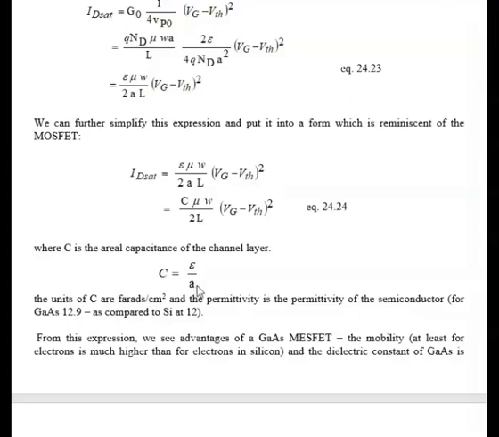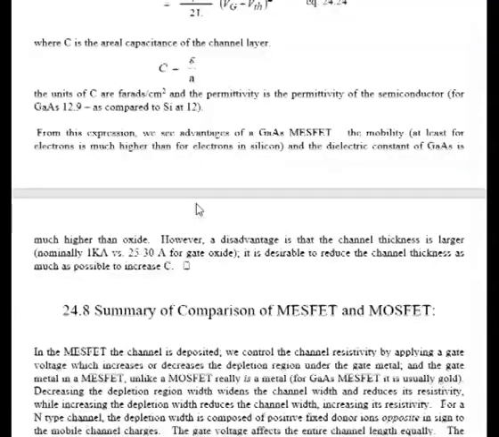But whereas the C might be a couple of orders of magnitude lower, the mu is 3, 4, 5 orders of magnitude higher. So we get exactly the same coefficient. We just have to interpret the C a little bit differently. C is not so good. Mu is really, really good.